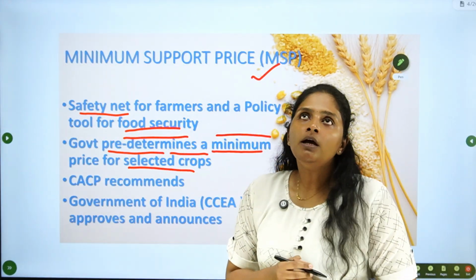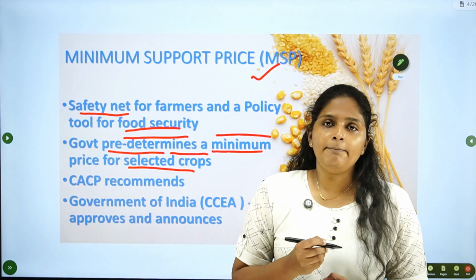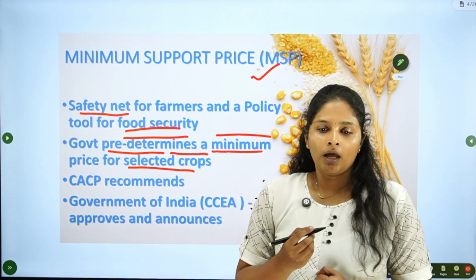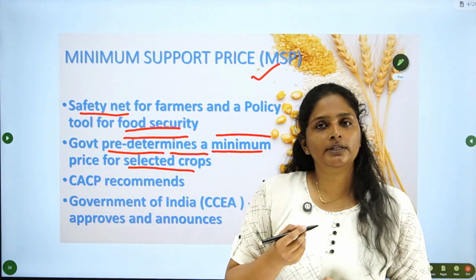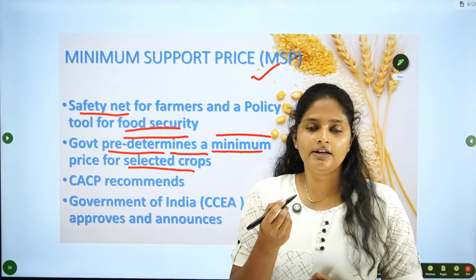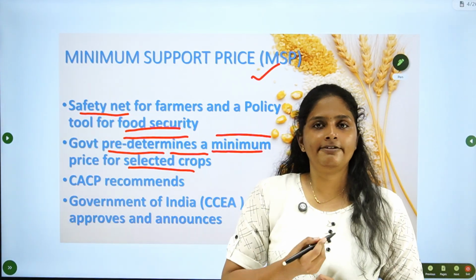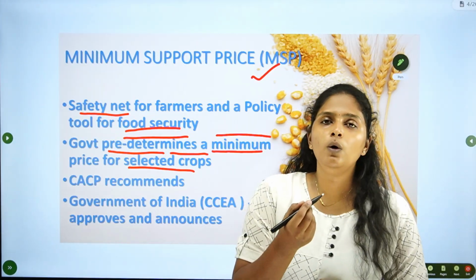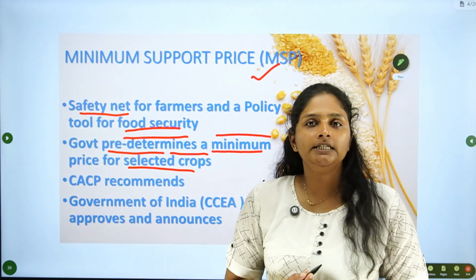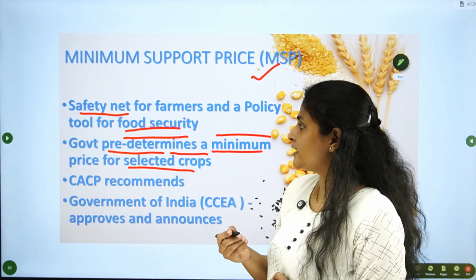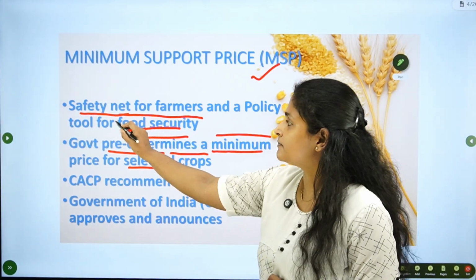Now, this MSP acts as a safety net for farmers, and it provides food security for the nation. How? When you are guaranteed a minimum price, you will get attracted to that, right? If you are given 50 rupees for farming rice, you will do that definitely, right? So the production increases, that will in turn increase the food security of the nation.